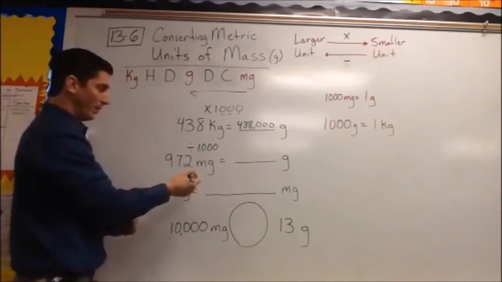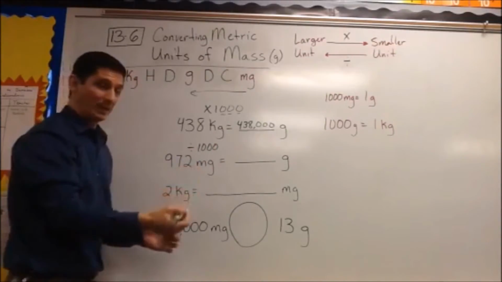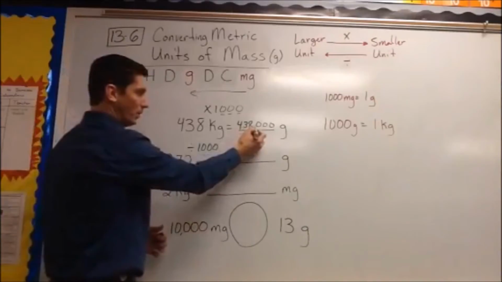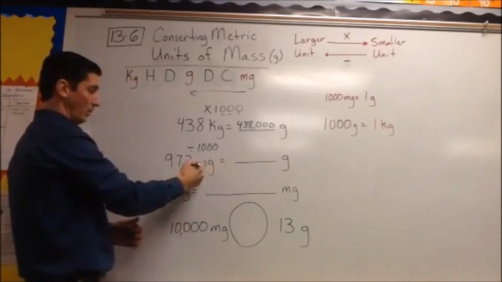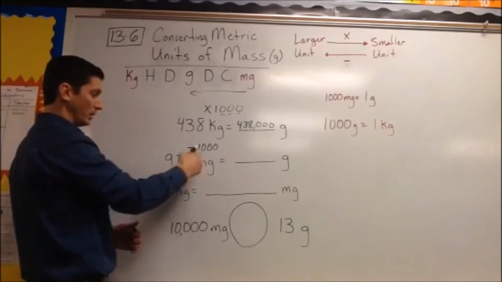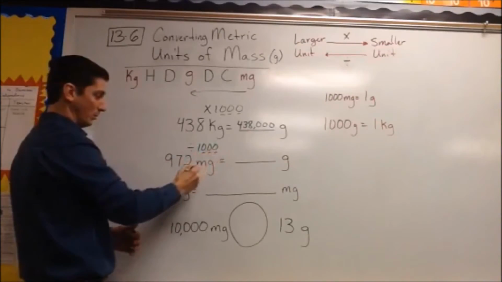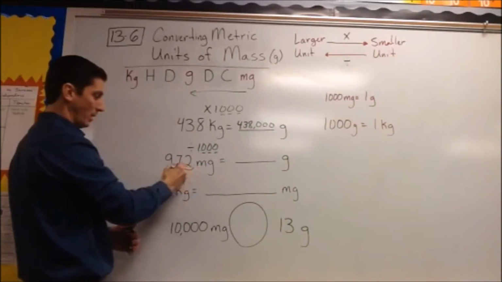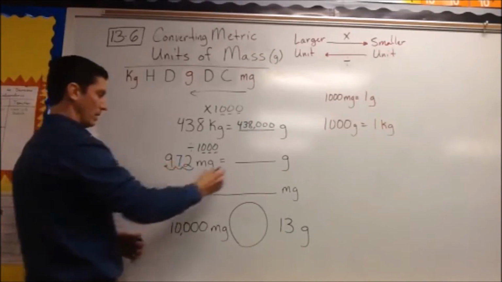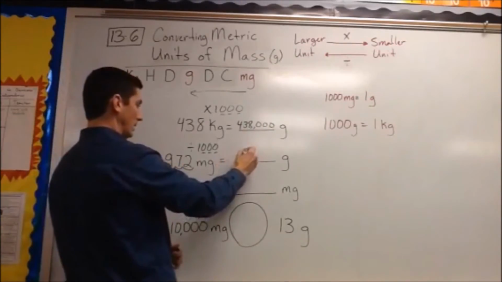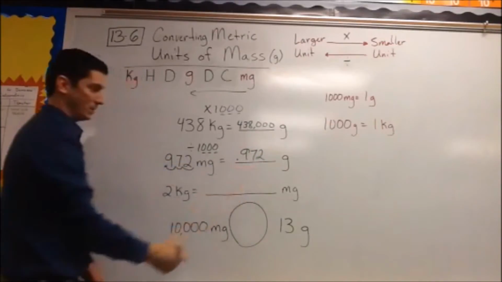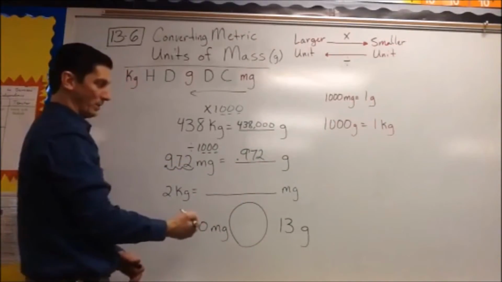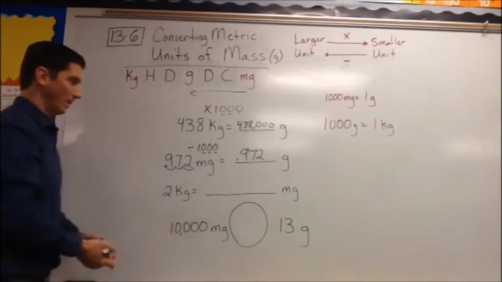And remember, when we divide by 1,000, it's all about moving the decimal place. Here, we make it smaller, so we move the decimal place 3 spots to the left, because we're dividing. 1, 2, 3. So you would get 972 thousandths of a gram.